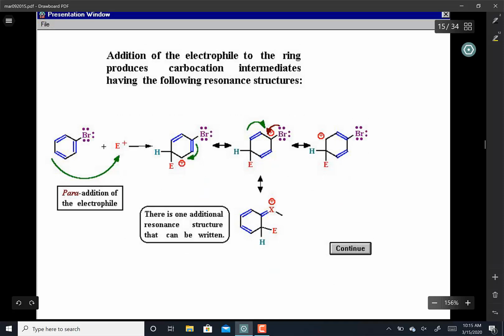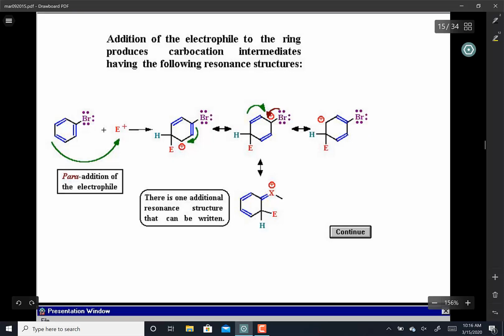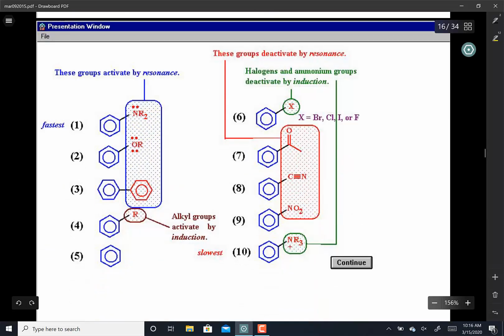And again, adding para will give you the plus charge next to the halogen, which then allows the fourth resonance structure to be drawn. Okay. So the whole idea here is that these are the overlying reasons why activating groups are ortho-para directing, why halogens are the exception, and why deactivating groups direct to the meta position. Okay? All right.